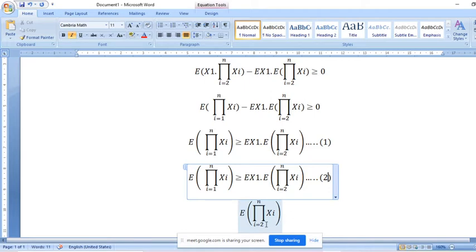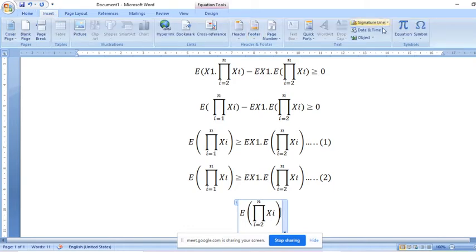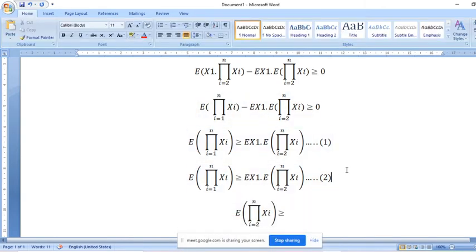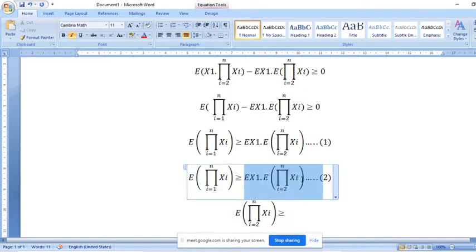Using equation number 1, we can say the expectation of the product over i from 2 to n of xi is greater than or equal to, we can apply a similar formula.